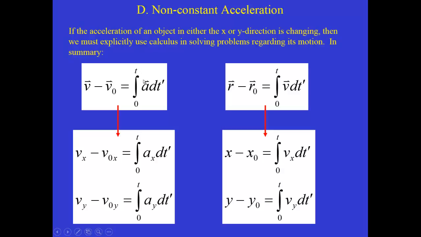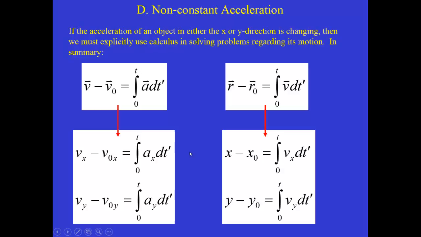And so the general procedure in treating a problem where the acceleration is not constant is first, on the left-hand side of this slide, to use the acceleration, integrate it in the x and y direction in order to find expressions for the x and y components of the velocity. Those could still be functions of time, and if they are, then use those in order to perform the integral necessary to find expressions for the position x and y as a function of t.